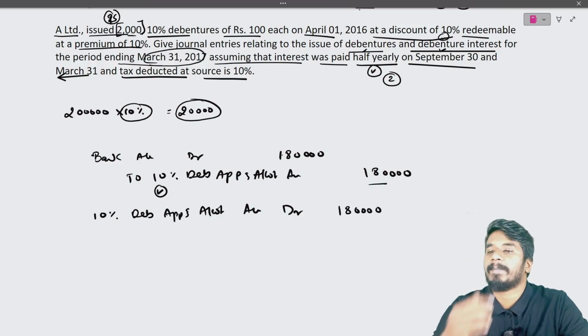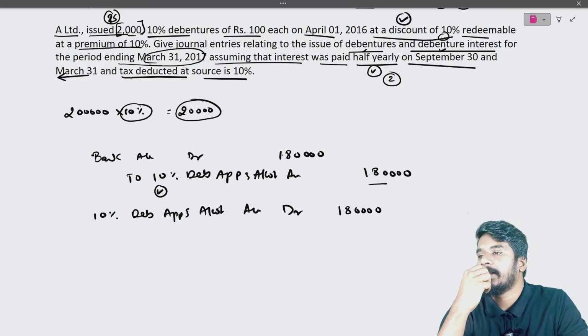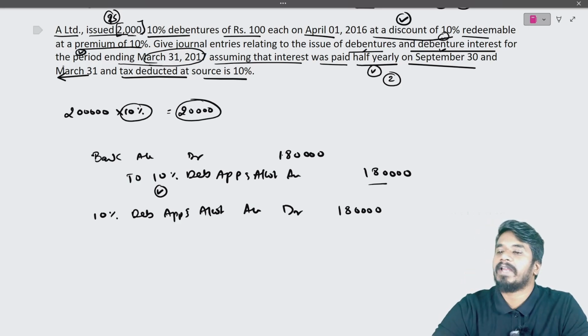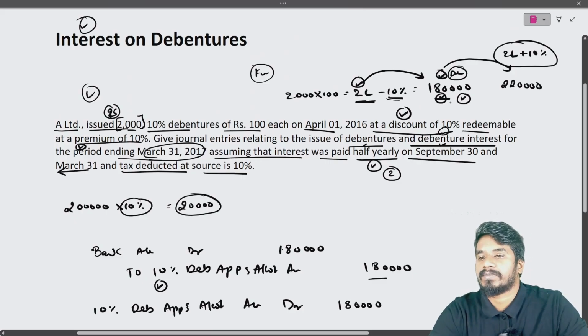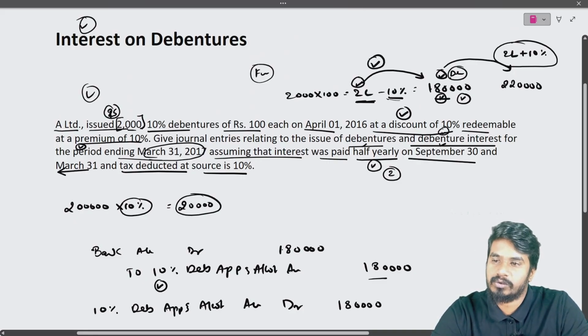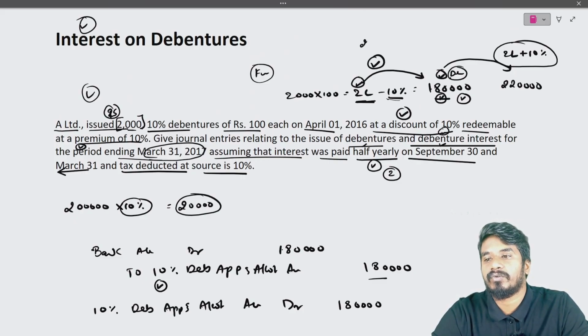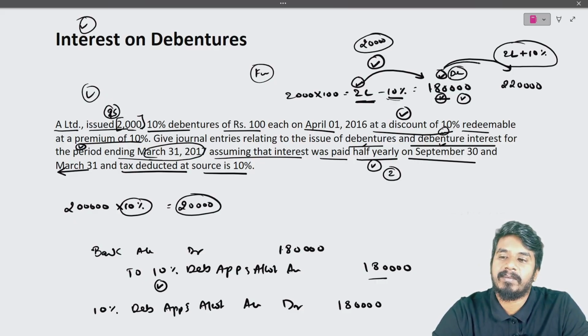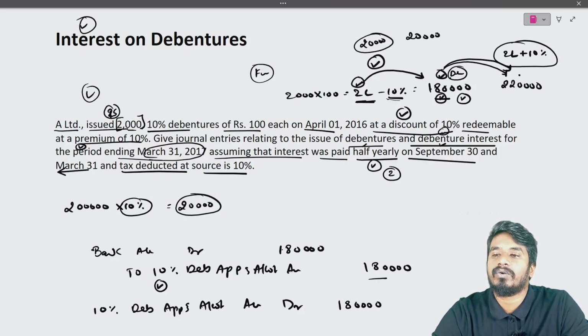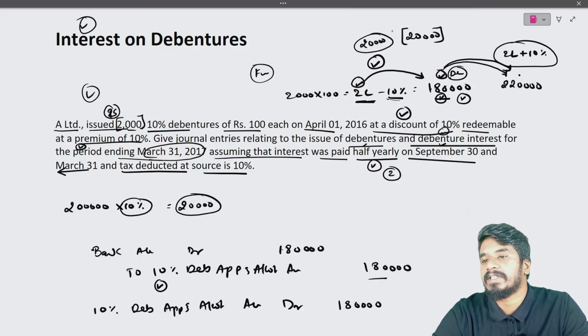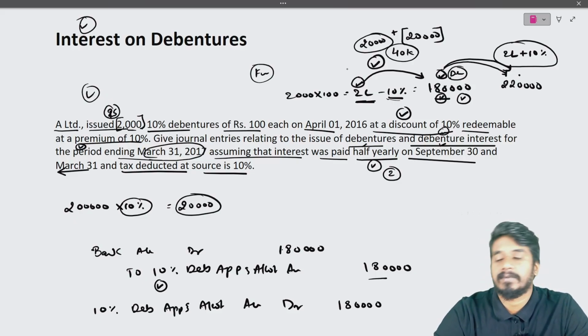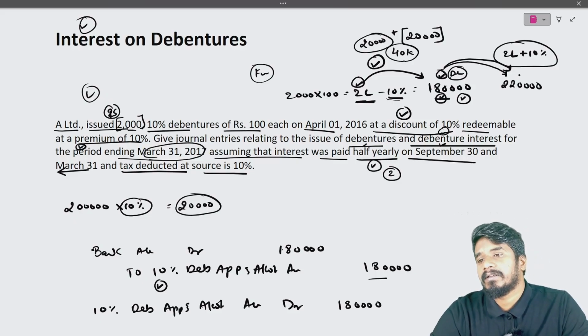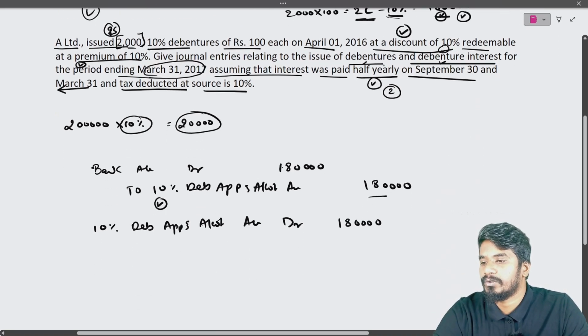Then we have discount and premium. We are facing losses two times: at the time of issue we are facing a loss of 20,000, and at the time of repayment we need to pay an extra 20,000. So totally we are facing about 40,000 loss.